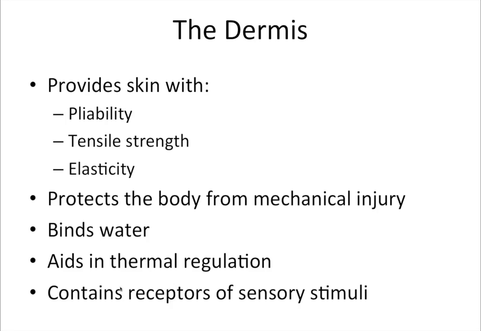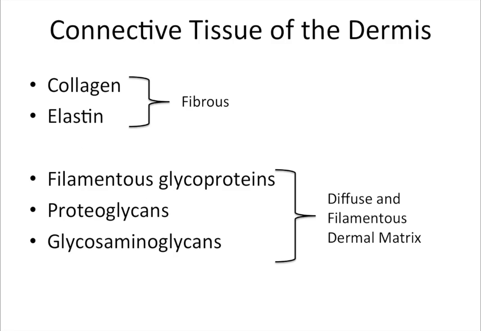And we also know that the skin contains receptors of sensory stimuli, and again, that's the extensive nerve network of the skin. So when we talk about the connective tissue of the dermis, we can talk about collagen and elastin. That's the fibrous component.